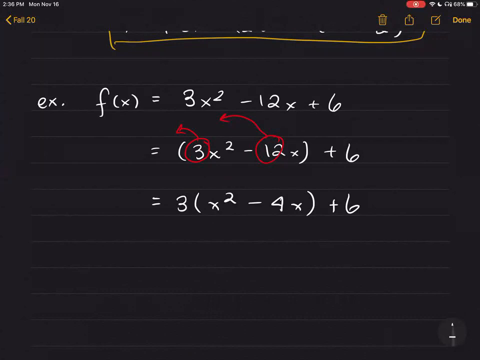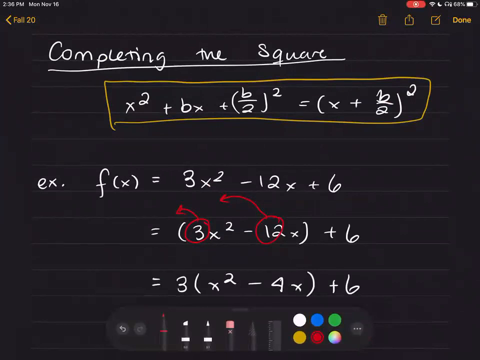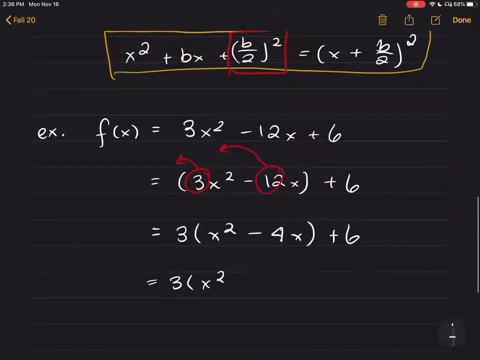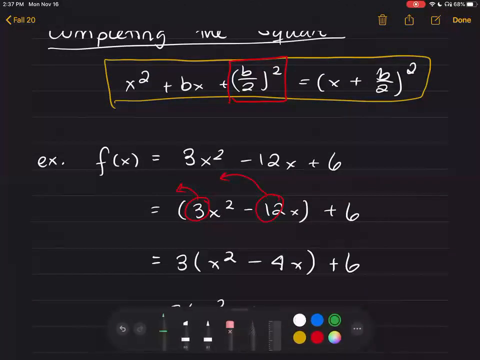Next, what you're going to do is you're going to add in this important bit right here, the b over 2 squared. And we'll see why in a minute. So if we add in b over 2 squared, so b, in this case, we're looking at it in this context here.